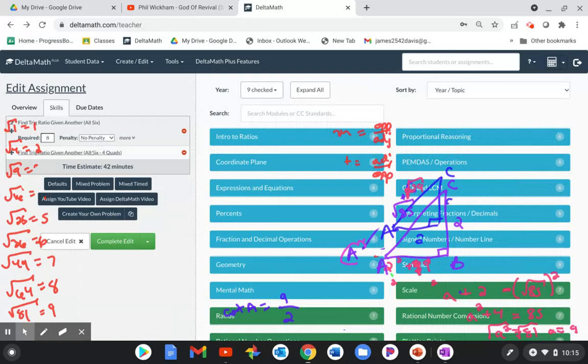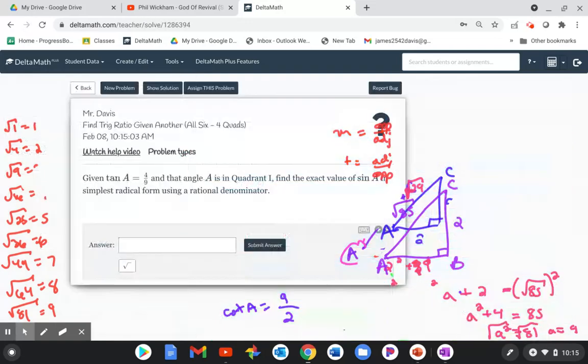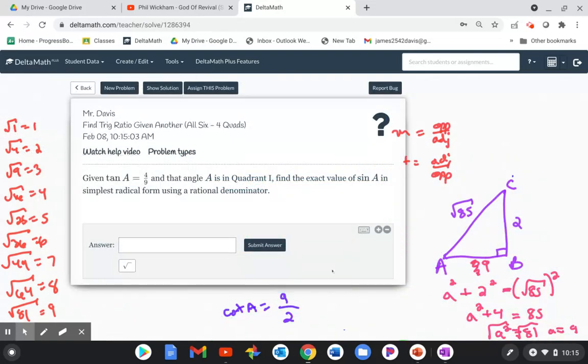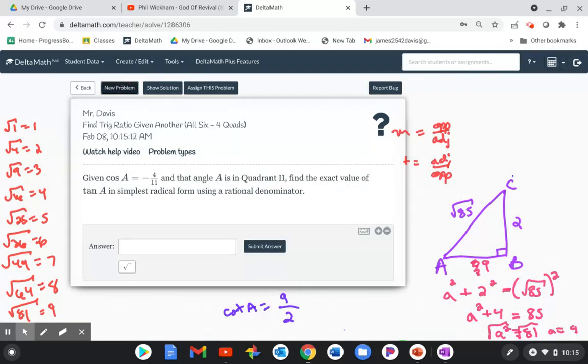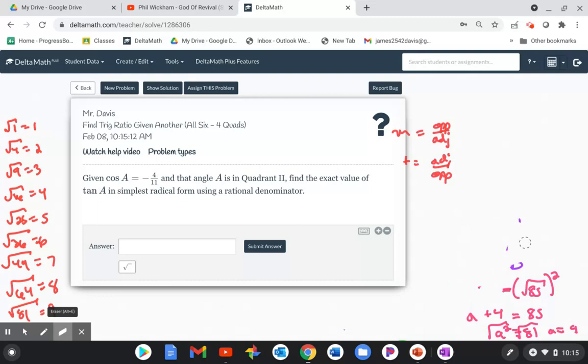The next section, we're going to add just a bit to it. The only thing that's going to change in this section is the quadrant, possibly. This first one actually doesn't change, so I'm going to go to the next one. Everything about these questions is exactly the same. The one difference being that sometimes it'll say quadrant 1, sometimes it'll say like this one, quadrant 2, or it could say quadrant 3 or quadrant 4.